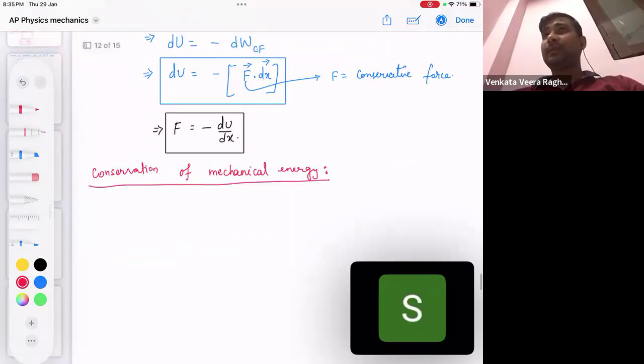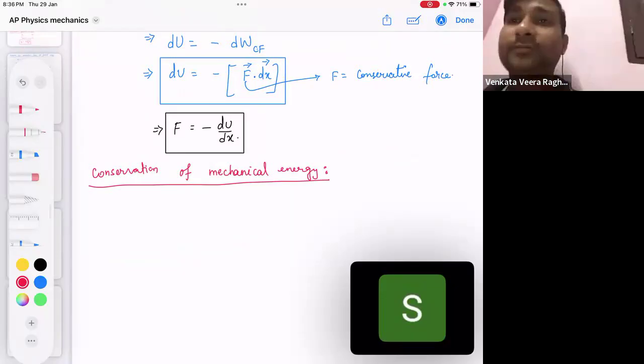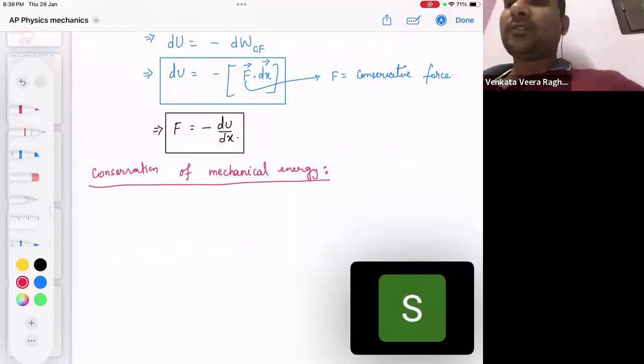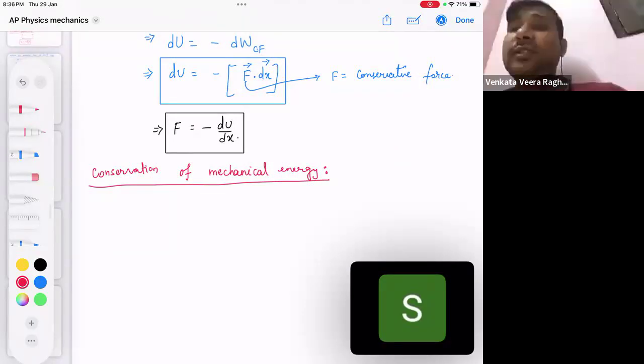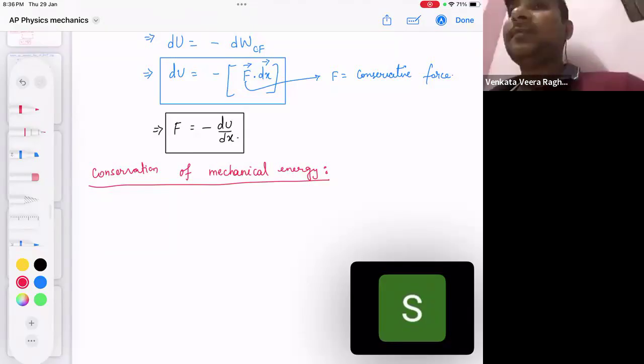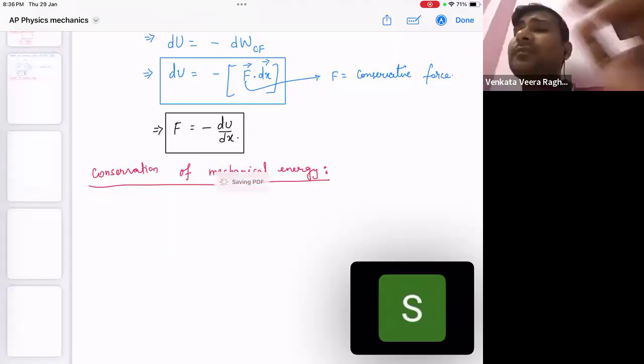Conservation of energy, or conservation of mechanical energy, is actually a special case of the work energy theorem.